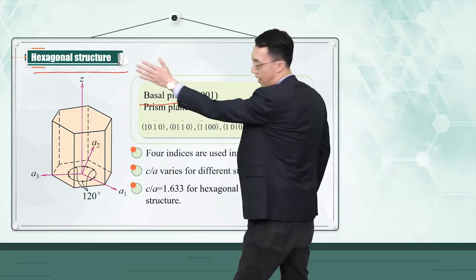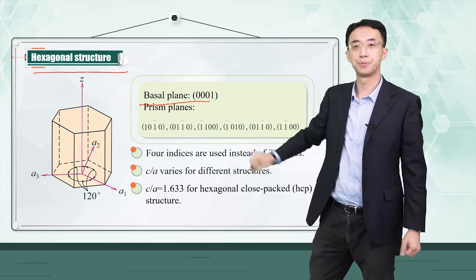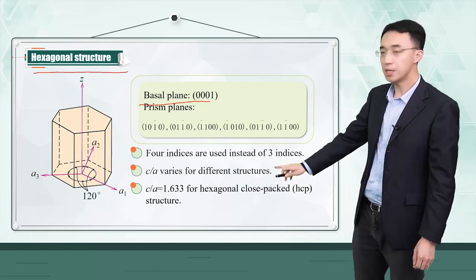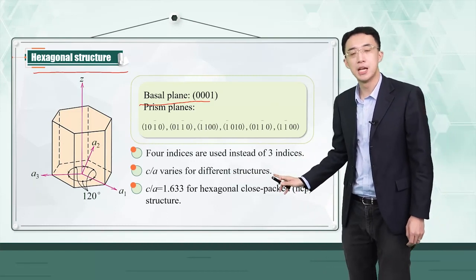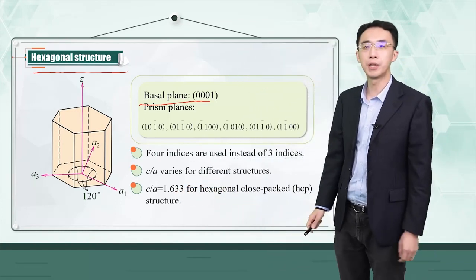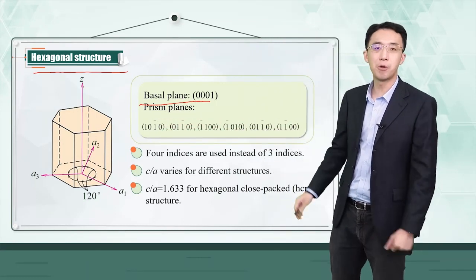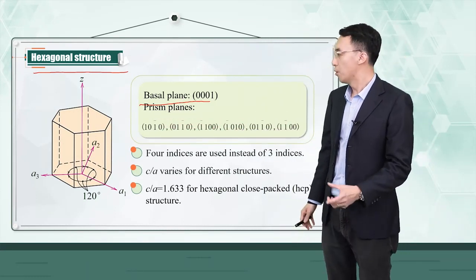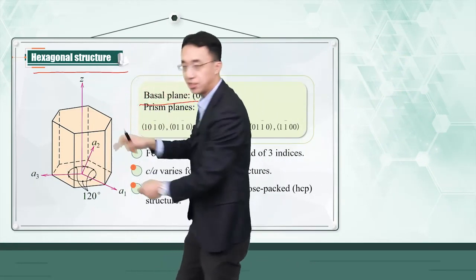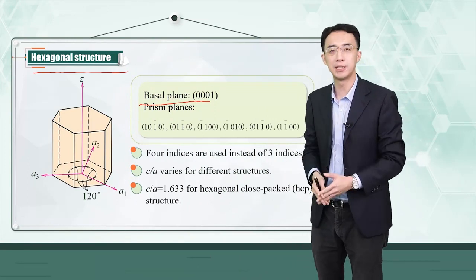And all the side planes are called prism planes. Okay? And in practice, the C over A ratio varies for different structures. And for HCP structures, it is 1.633. Okay? So this is just for your practice. In a similar way to cubic lattices, with the A1, A2, A3, and C axes, you can describe quantitatively the particular crystallographic planes and directions.